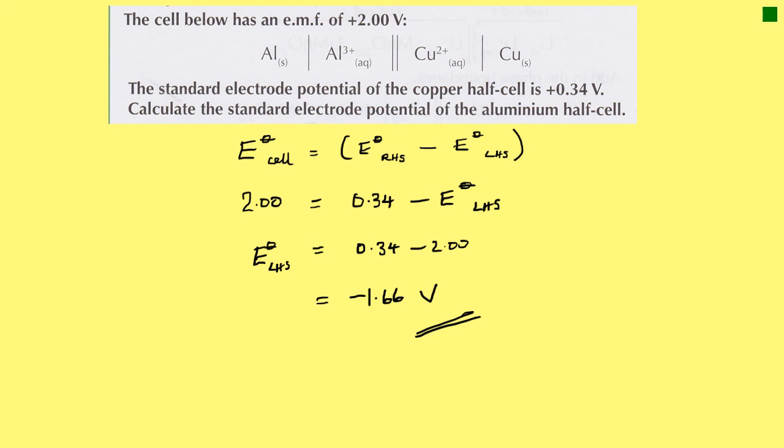Why don't we add E left hand side to both sides, and then take 2 from both sides. We rearrange like that, and that's going to come out to be minus 1.66 volts. Done.